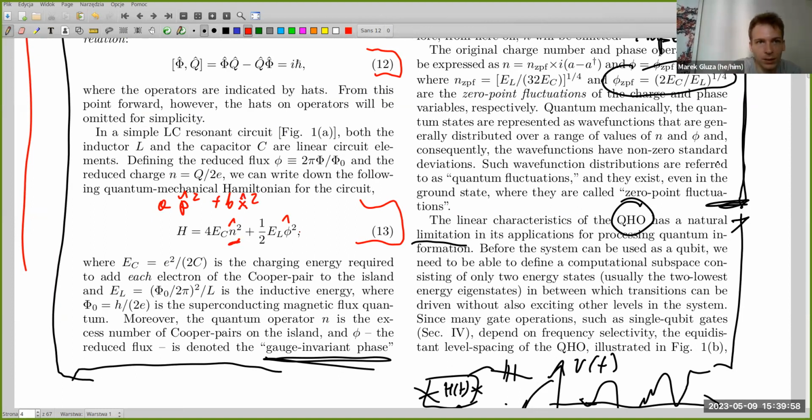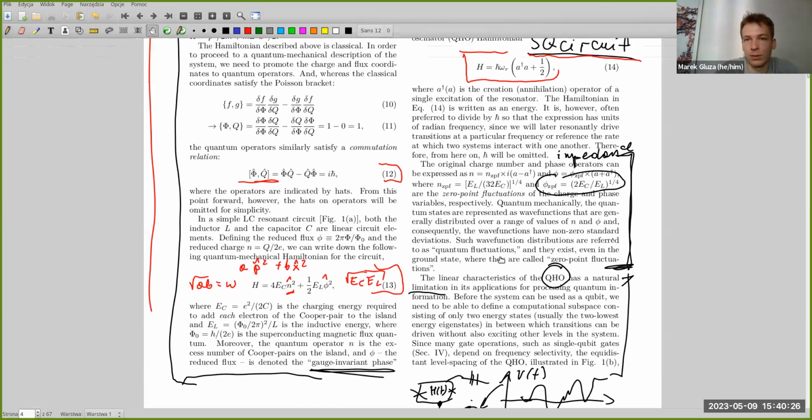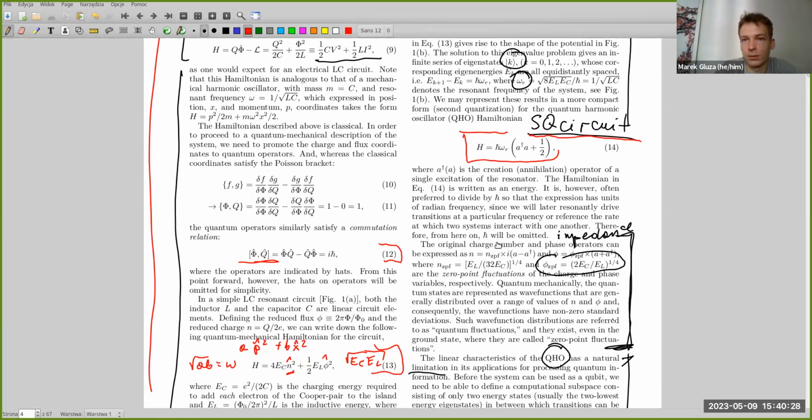So this will be canonically conjugate, right? And this is important because square root of ab is our frequency. So I directly get that the square root of E_C and E_L, which are hardware parameters, will give me the frequency of the qubit. Those things are important at all stages, but not essential to know everything depending on your applications.